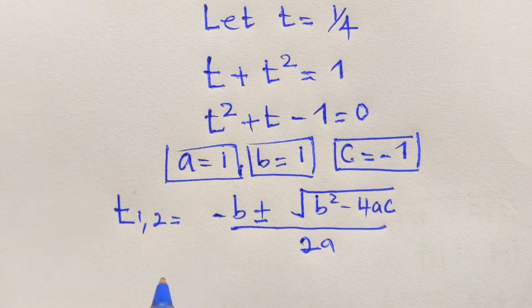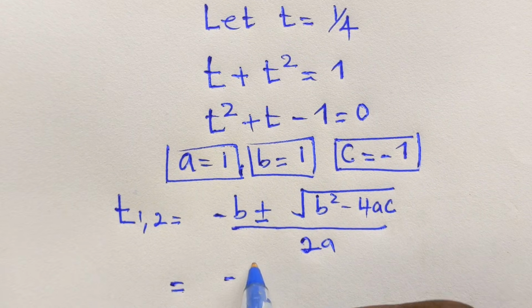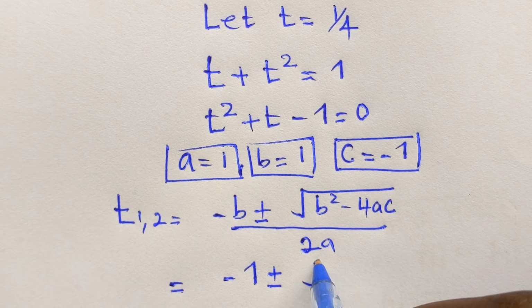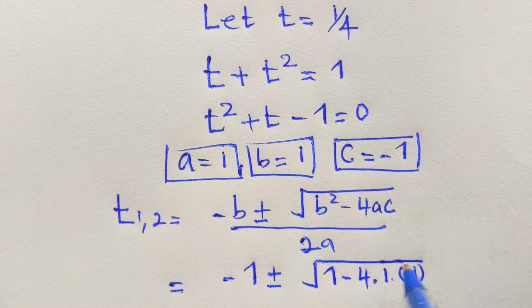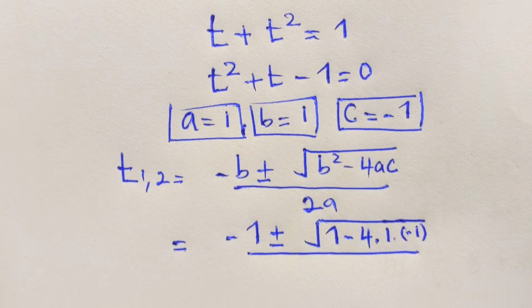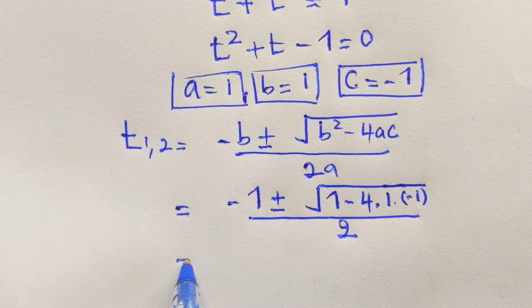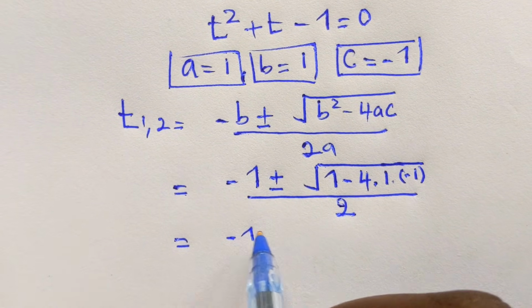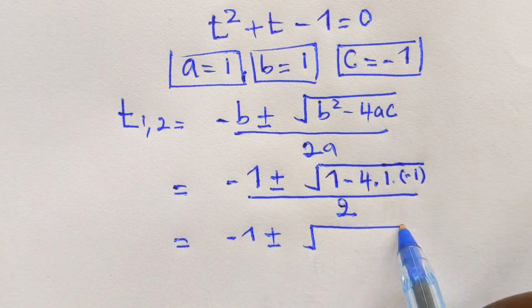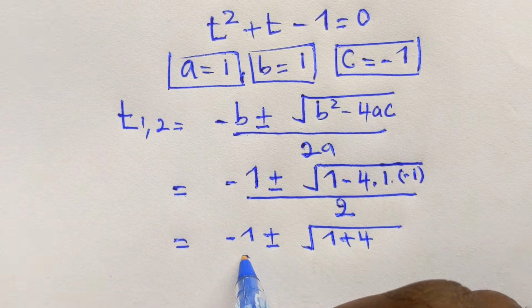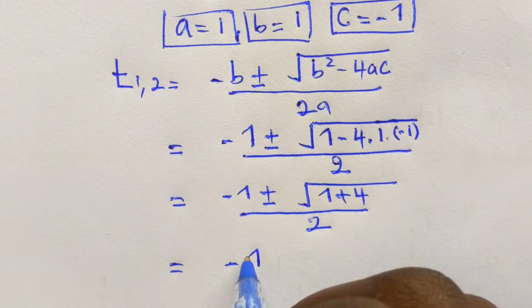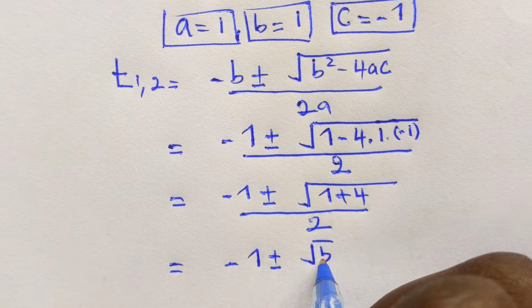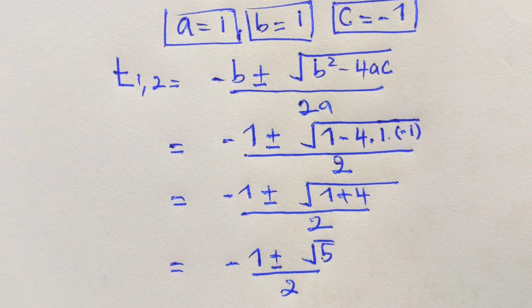This is equal to -1 plus or minus square root of 1 squared, which is 1, minus 4 times 1 times -1, over 2 times 1, that is 2. This equals -1 plus or minus square root of 1 plus 4 over 2, which is -1 plus or minus square root of 5 over 2.